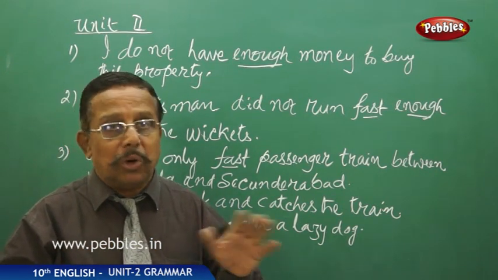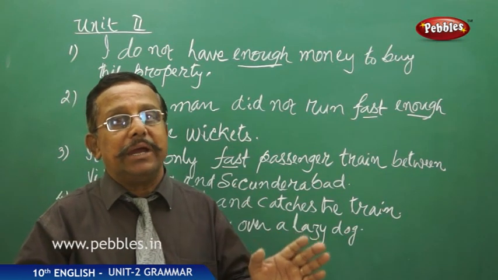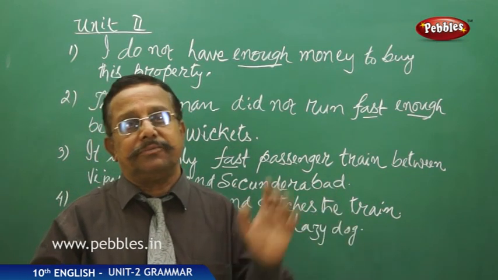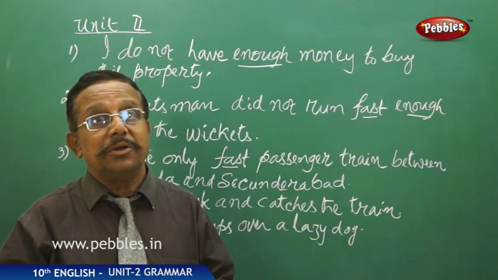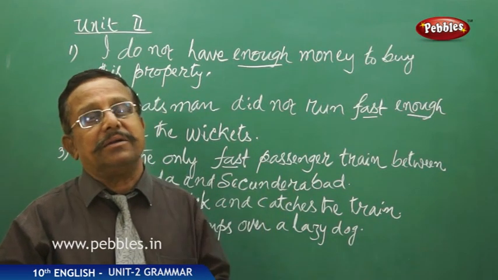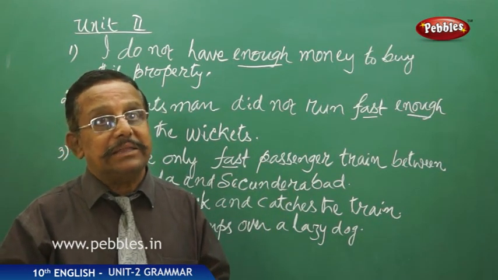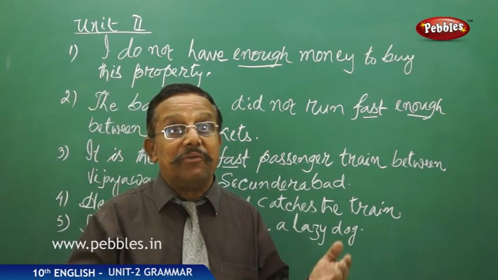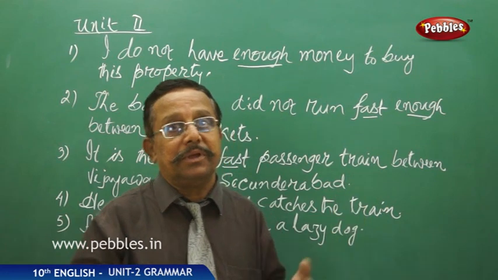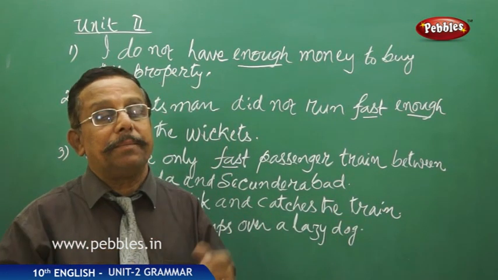Is that all? No. Also, it modifies an adjective. Good, very good. Quick, very quick. That way we are using adverb to modify an adjective also. But here there is a difference again.